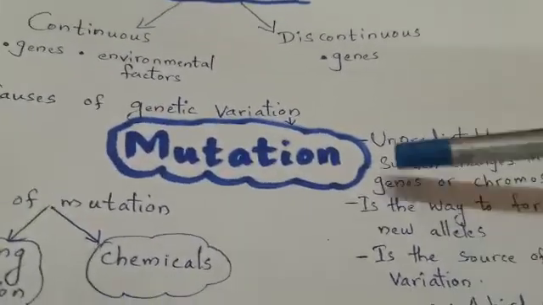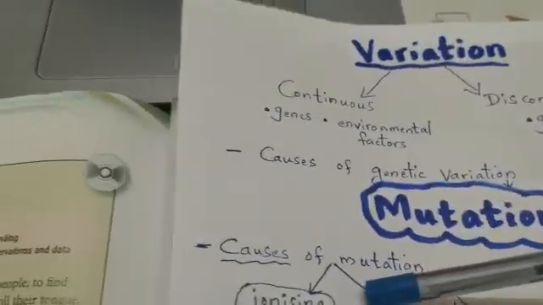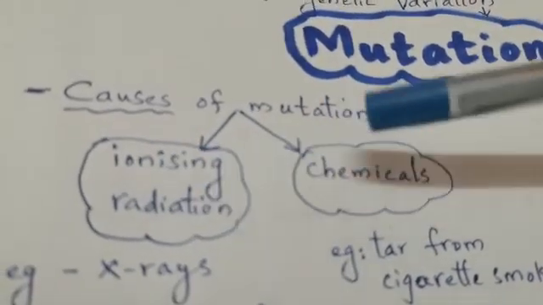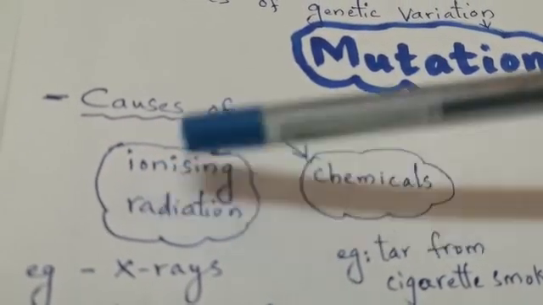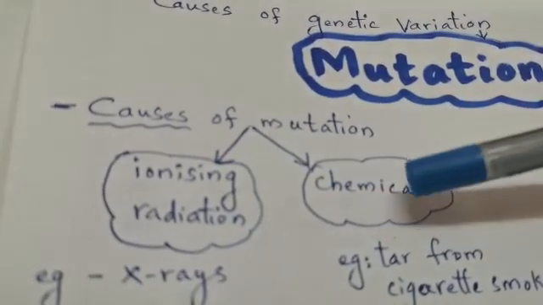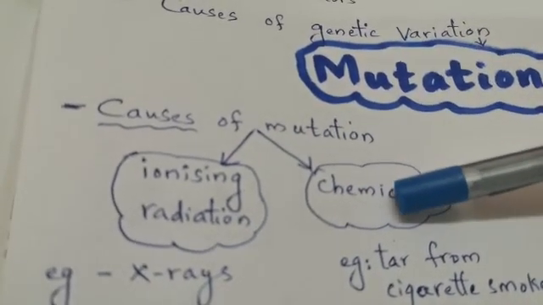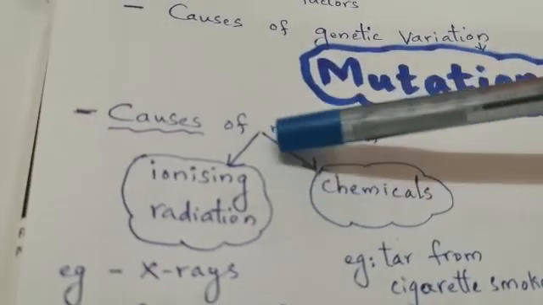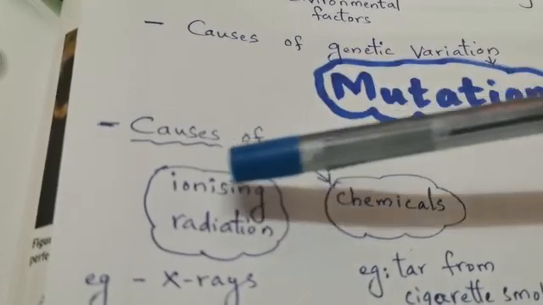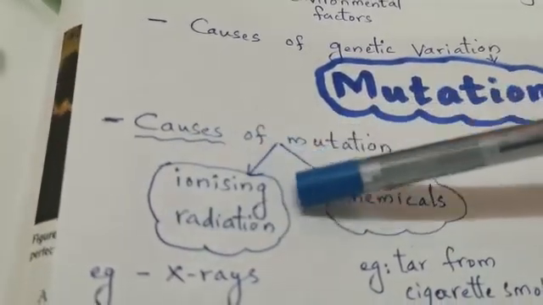So what are the causes of mutation? Now we are going to discuss that. We are dividing the causes of mutation into two: ionizing radiation and chemicals. Mutation can happen because of the chemicals, and mutation can happen because of some ionizing radiation.